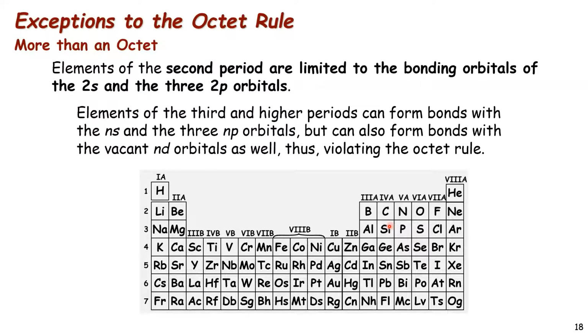But we also have unused 3d orbitals. So we could use those unused 3d orbitals to actually form bonds or give a place for lone pairs or whatever we're going to be doing with it. So we can violate the octet rule for anything below period 2. We cannot violate the octet rule for the period 2 elements, though.